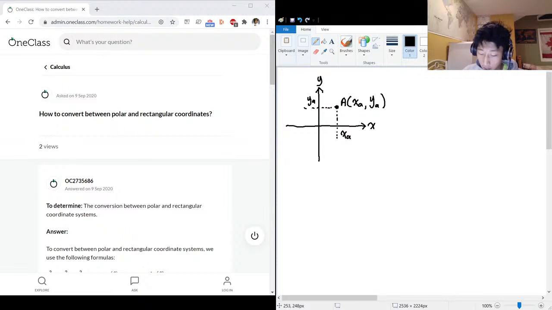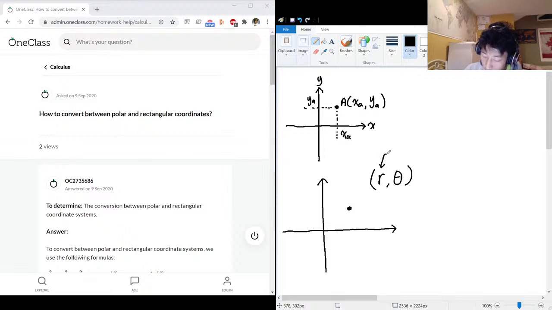Now, polar coordinates are a little bit different. We can draw out our same axes here, but we don't necessarily want to label them x and y. Let's say we have point A here. Instead of x and y coordinates, we have our points defined by an r value and a theta value.